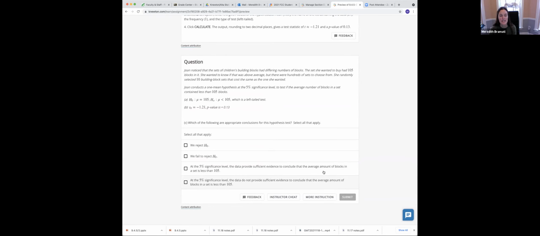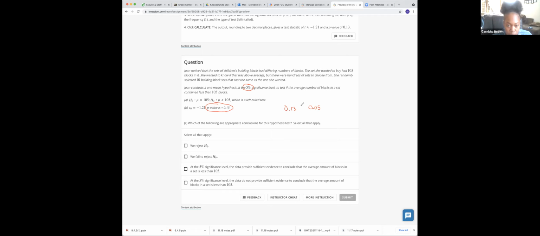Now, I need to take my p-value, let me annotate, and my significance level and compare them. So 0.13 compared to 0.05. Which one's bigger? P-value. That one.